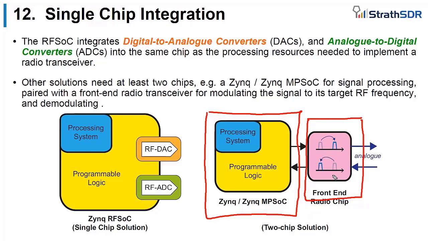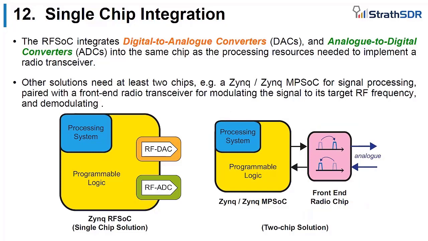A two-chip solution is very common, and for various engineering reasons, sometimes that will be a solution that people choose. But what we're interested in sharing is the innovation of the RFSoC with the programmable logic, the processing system, and the RF DACs and ADCs all on the one piece of silicon.